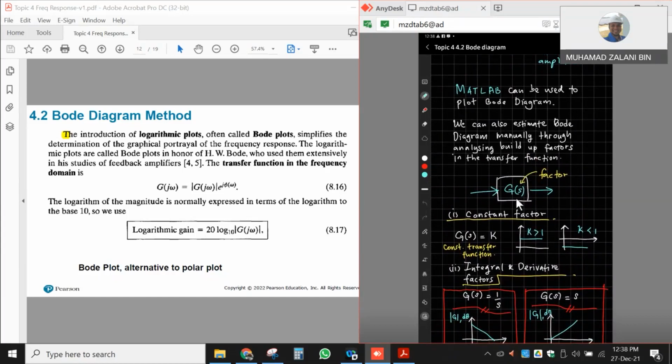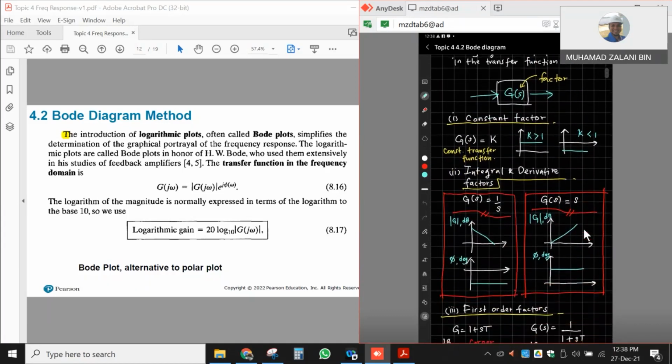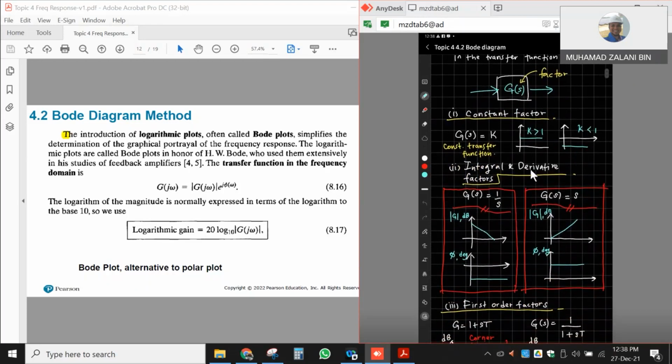When we see the transfer function, it depends on the factors of the transfer function. For example, the first one is the constant factor, meaning that if G(s) is K, represented by a constant factor, what sort of Bode plot can we observe?